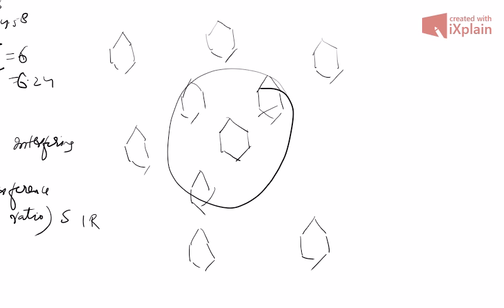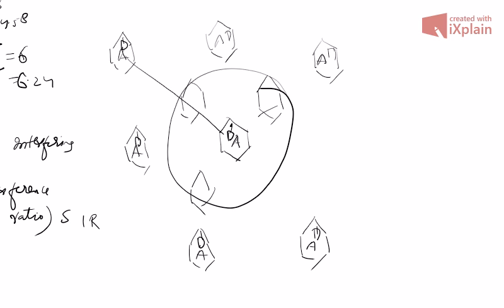So I will represent this by A, this is also A, these are all A's. Okay, they are all using the same frequencies. So if a mobile user is here, and this other mobile user here, other one here, other one here, so they may interfere with each other, right?